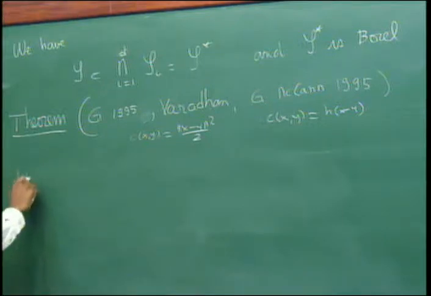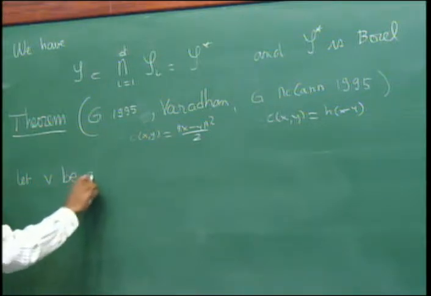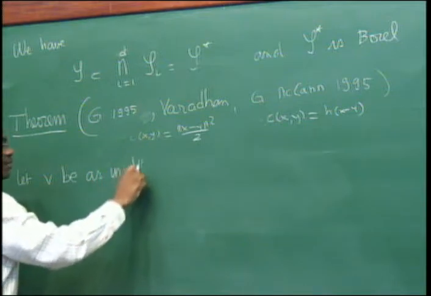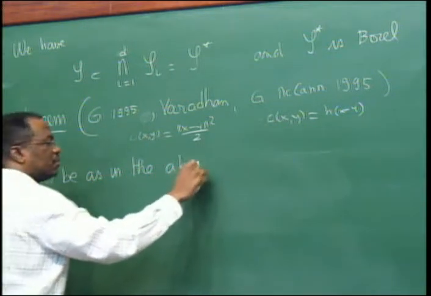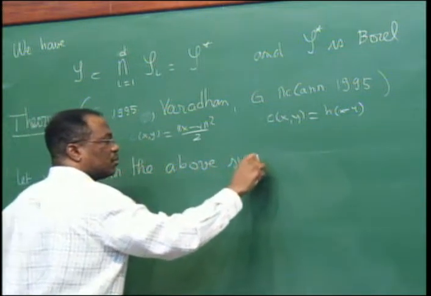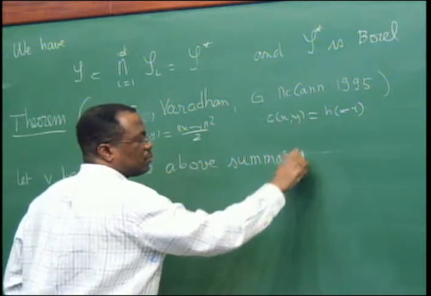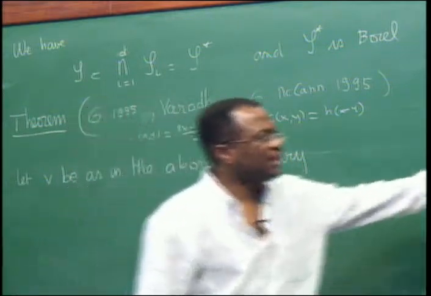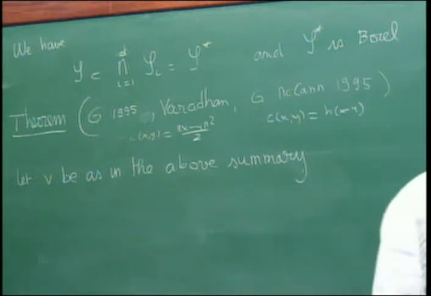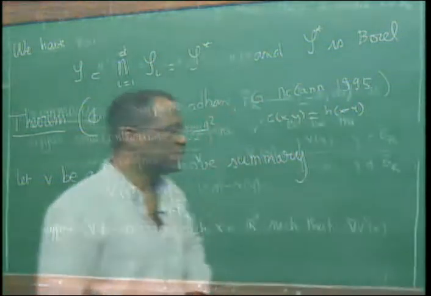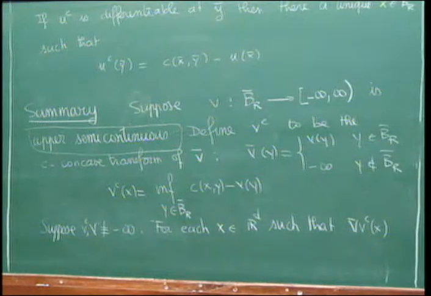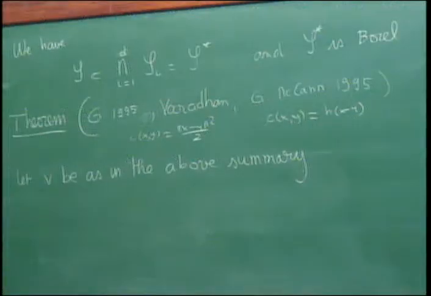Let V be as in the summary. I am assuming that V is lower semi-continuous, and that V^c, the c-concave transform of V, is not negative infinity.